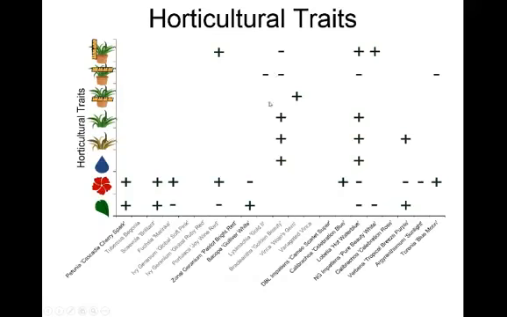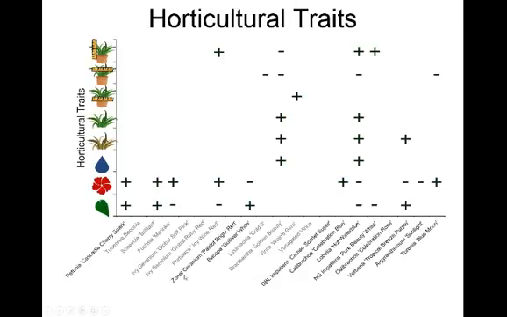So it seems like there was some benefit there. But the take-home message from our initial survey was that while many different plants accumulated silicon, there were not huge differences in what the plants looked like visually and how we measured these horticultural traits.